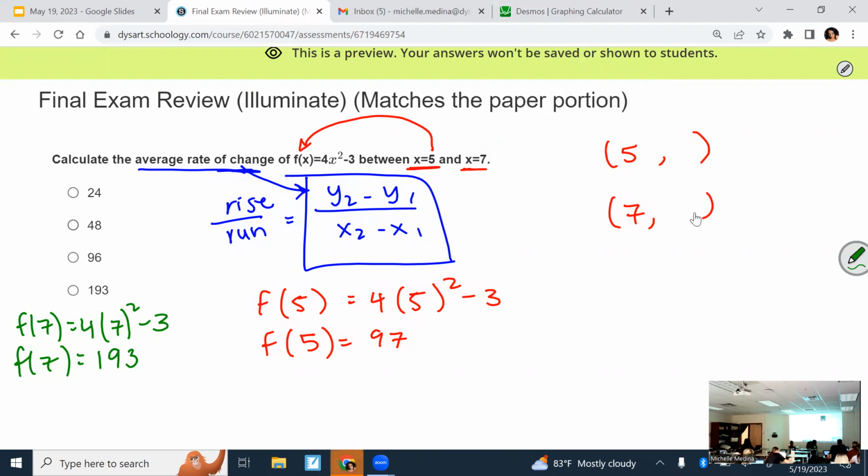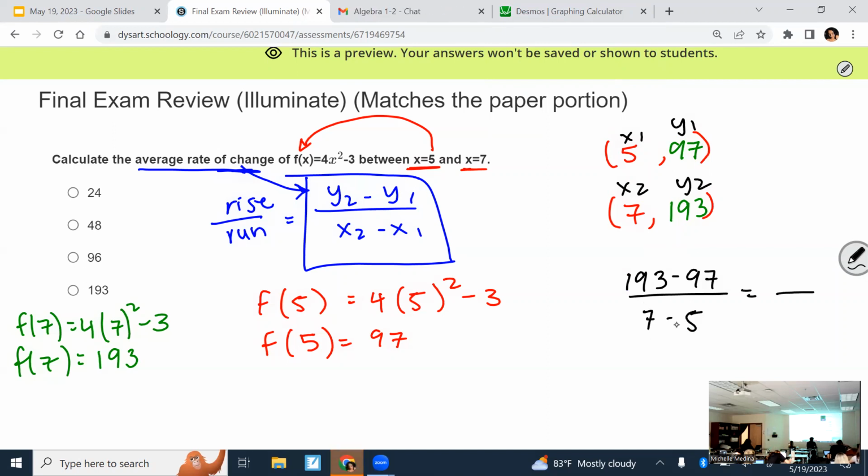All right, so then when they're written as pairs, like as coordinates, (5, 97) and (7, 193), right there, you can label them as x1, y1, x2, y2, and plug it into that formula. The way that I labeled it, it's 193 minus 97 on top over 7 minus 5.